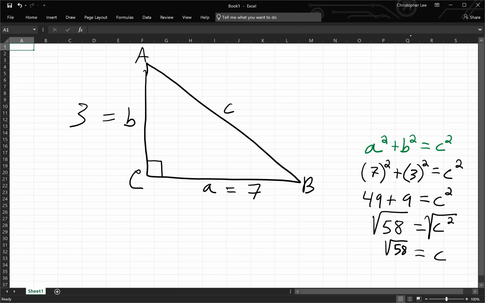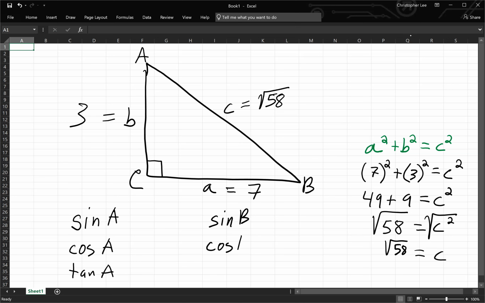All right, so that being said, we know that C is square root 58, right? So now what do I want? I want to know what is sine of A, cosine of A, tan of A, sine of B, cosine of B, tan of B. All right, what's the answers?